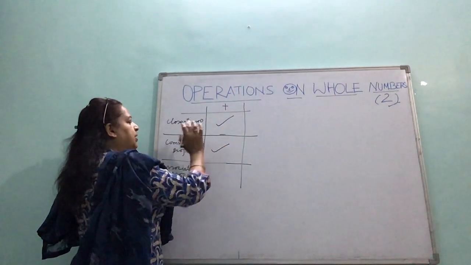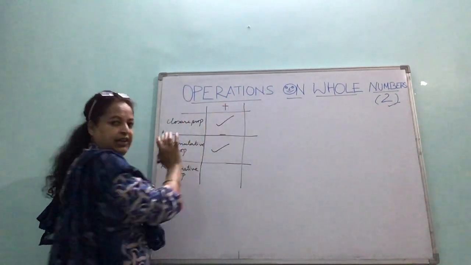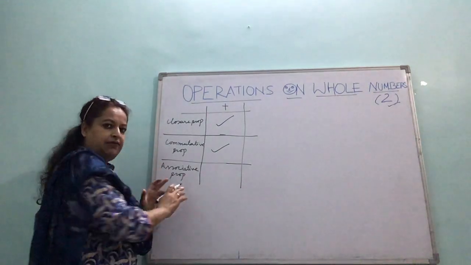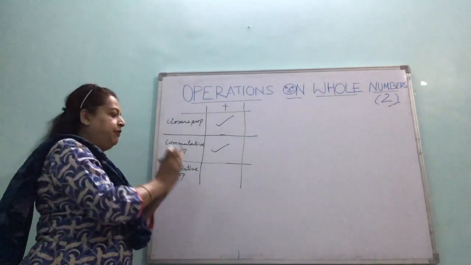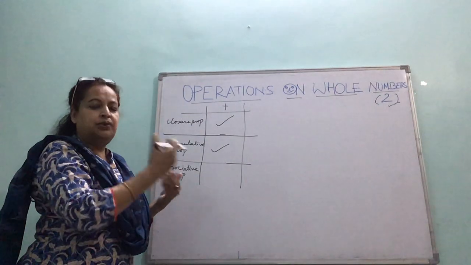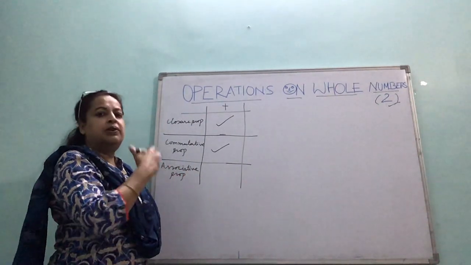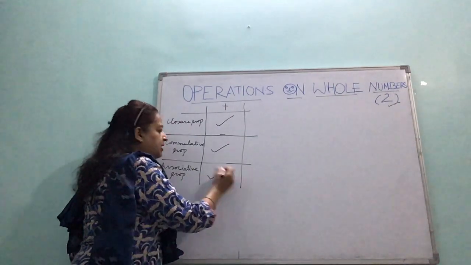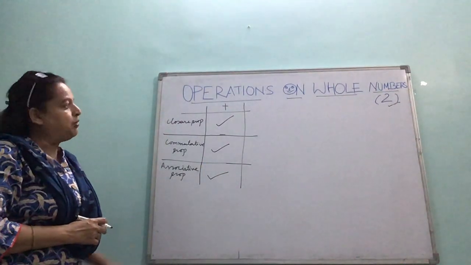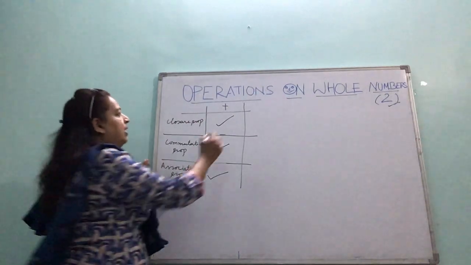So whole numbers show commutative property of addition. Associative: if you are grouping more than two numbers, that means 3, 4, and the order of grouping is changed, then also the result is the same. That means whole numbers show associative property on addition.